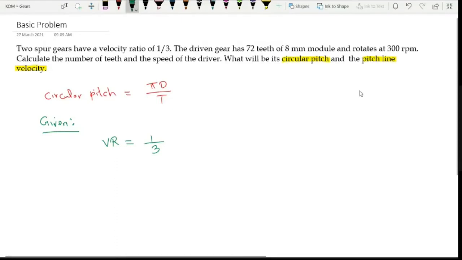First step is to identify the driver and driven gear. To avoid confusion, let me call them input gear and output gear.